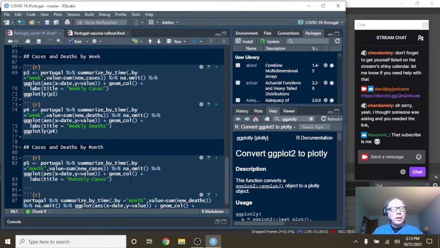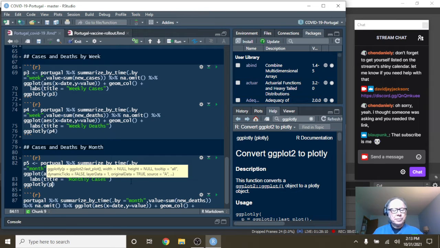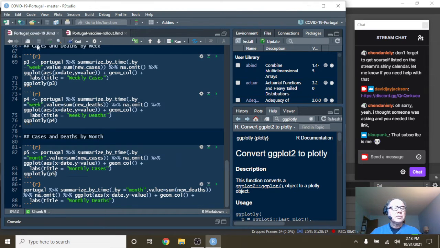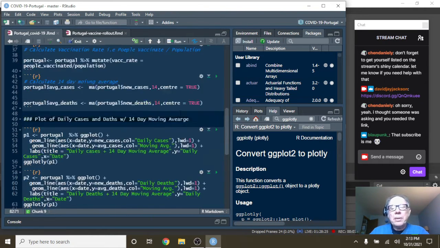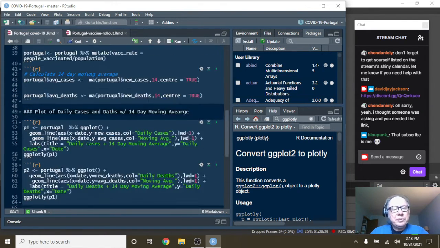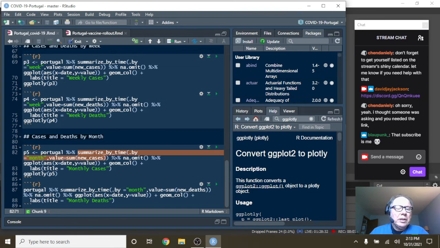I'm not quite sure how the weekly numbers are going to work with this, but we'll see. One thing I want you to notice here is this summarize_by_time function. This is actually part of the timetk package. All you have to do is pass your data frame in, then summarize by time.